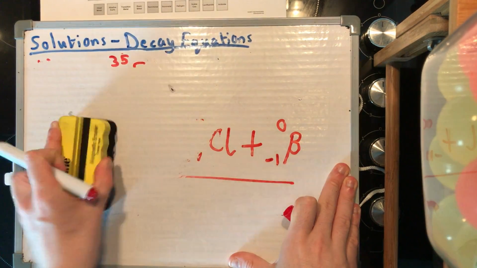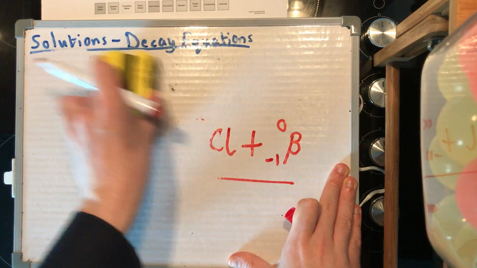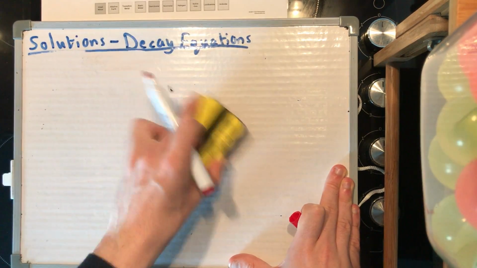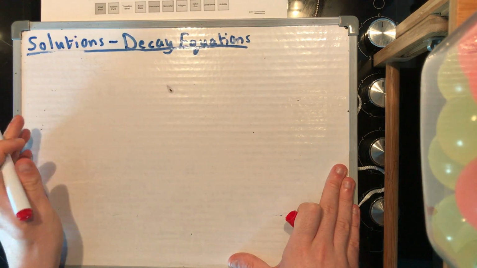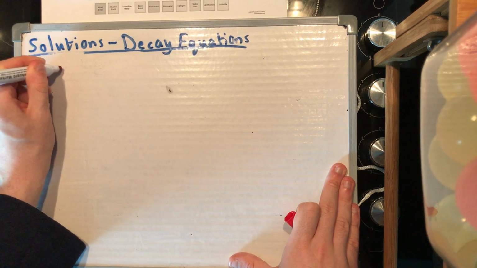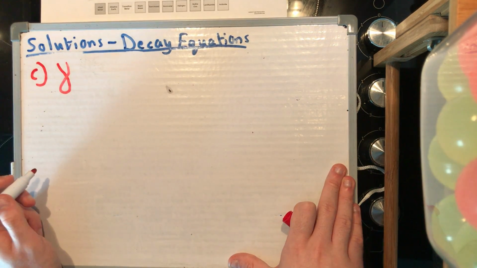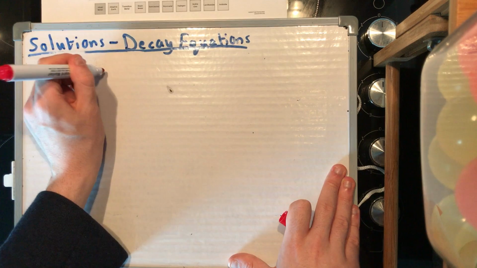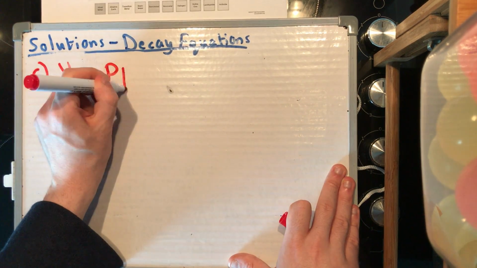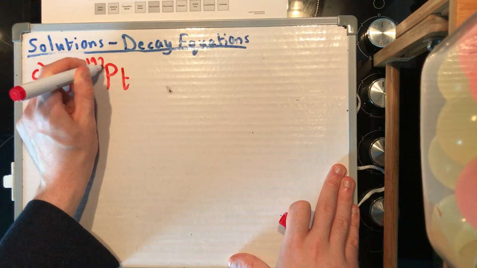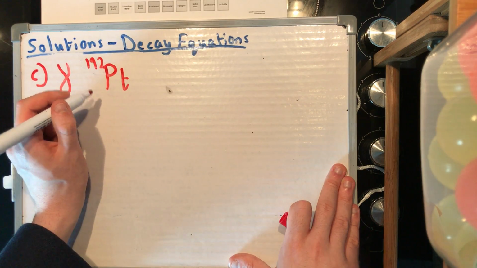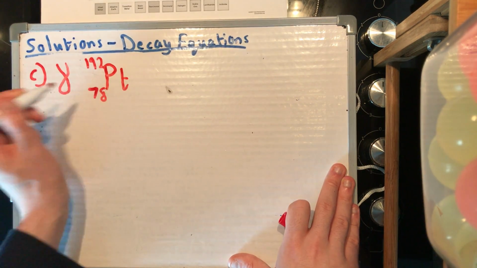Now the third one was a gamma decay, and I gave a few extra hints to try and help you with this one. So part C is gamma emission from platinum 192. Platinum has a symbol of Pt. 192 is the atomic mass, and the atomic number I gave you was 78.